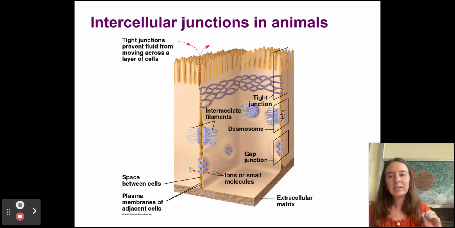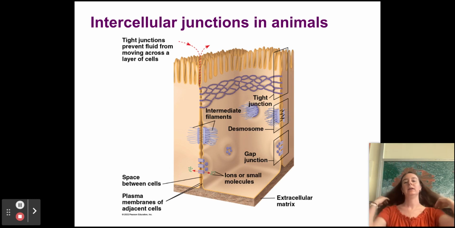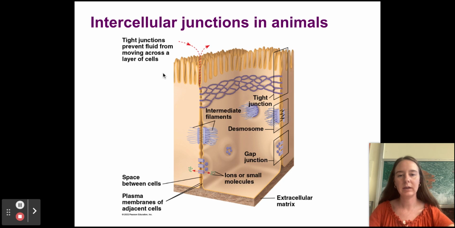Okay, now intercellular junctions in animals. Remember, animals don't have these cell walls, so it's a little bit easier for animal cells to communicate through their membranes. There are three main types of junctions in animals. The specific details aren't super important, but just so you can see, there are three types. The first types are tight junctions and desmosomes. These are very similar.